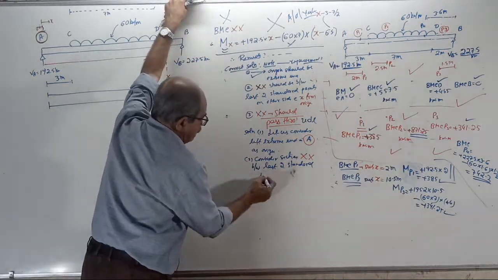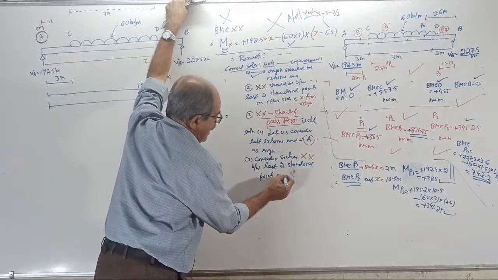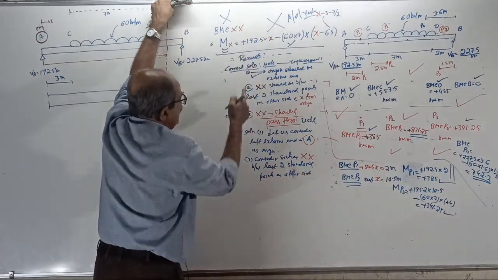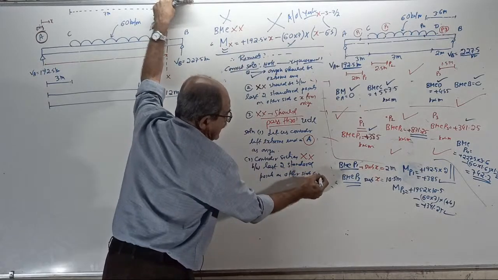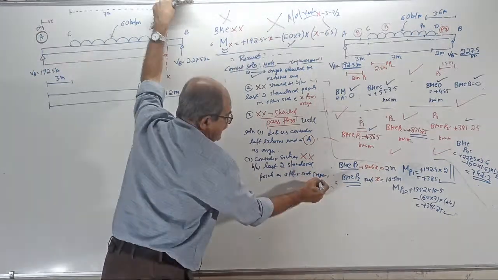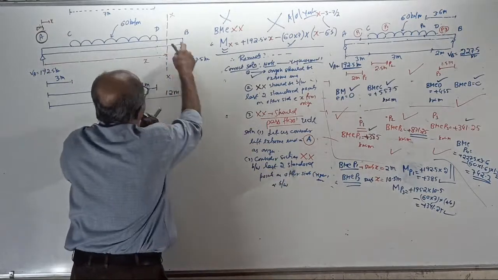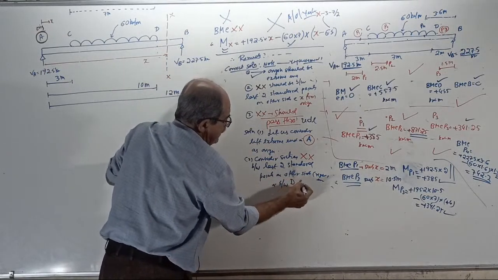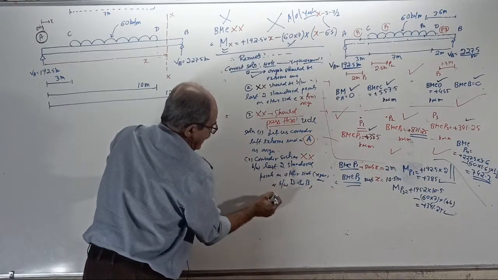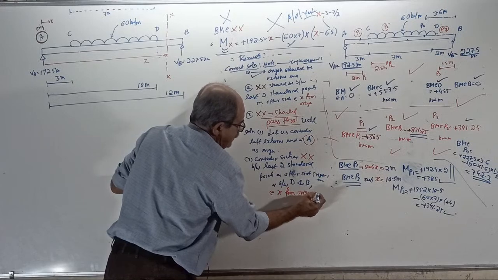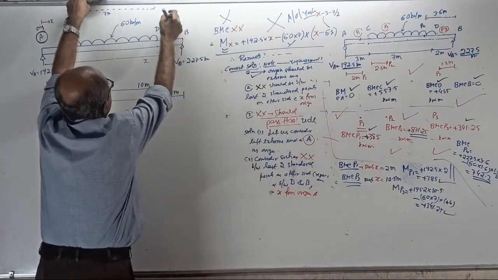Last 2 standard points on other side. On other side means, since my origin is left side, that is the right hand side. That is between what? Between D and B, at X from origin A. I will take section XX.